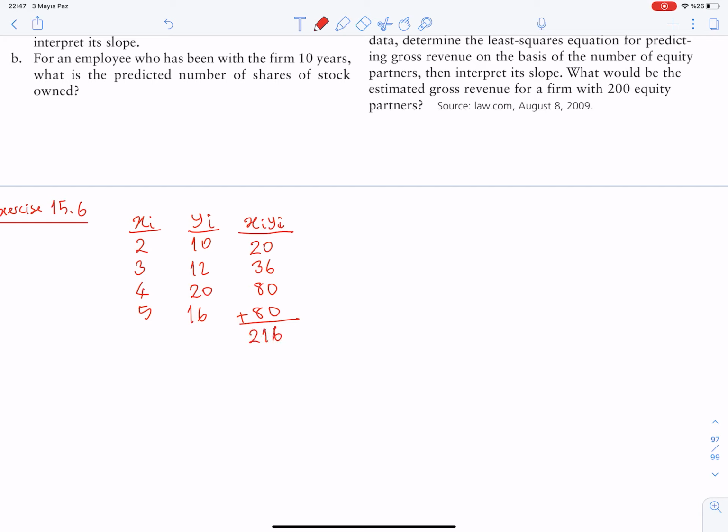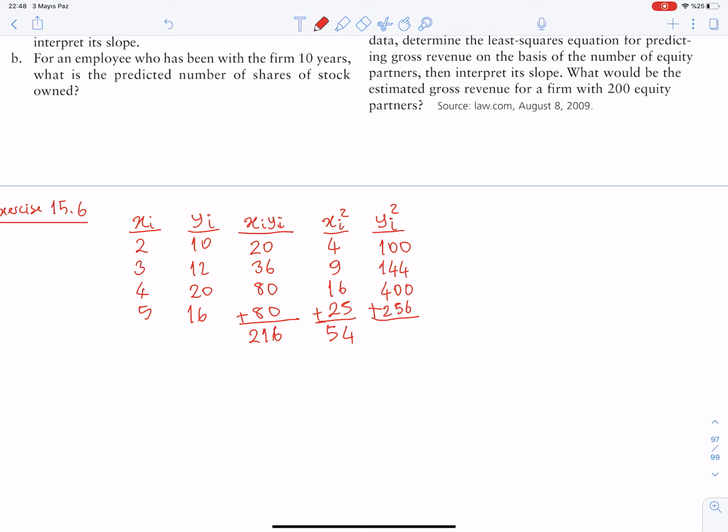In my case I need xi squared and yi squared. Xi squared is 4, 9, 16, and 25, which in total is 54. And yi squared is 100, 144, 400, and 256.